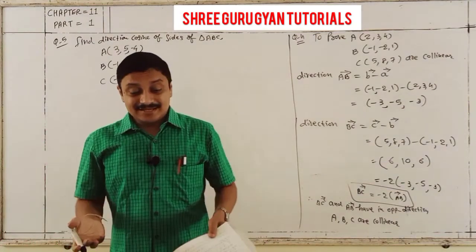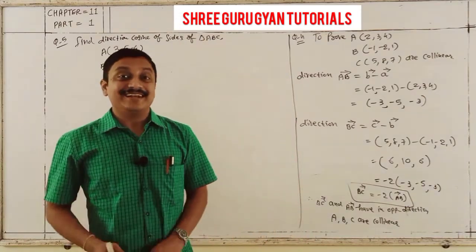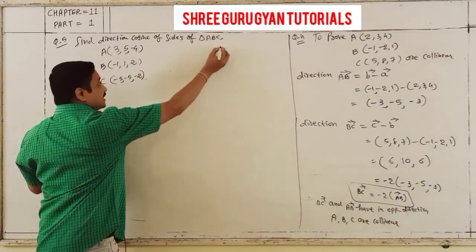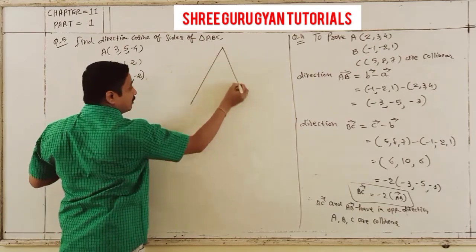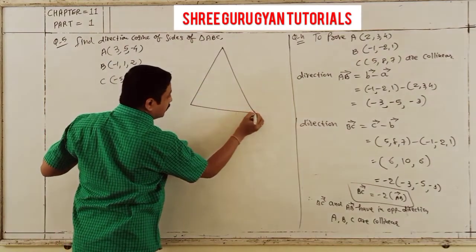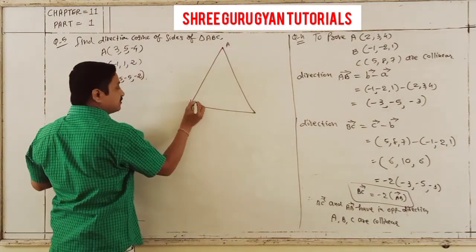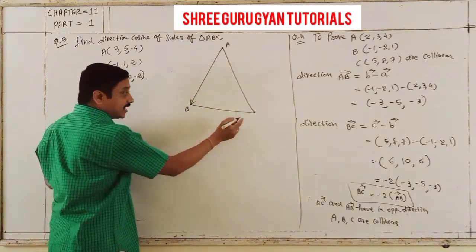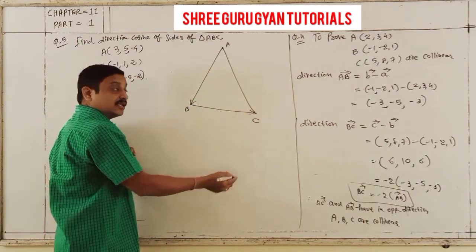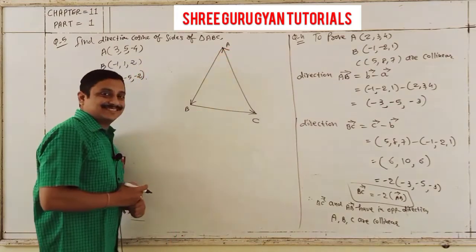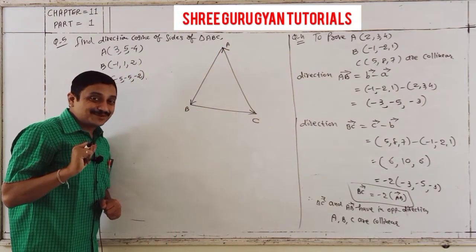So very easy. First of all you decide direction of its sides, and students, that's your triangle. Your triangle property known: A to B directions that way first, second B to C directions, and third C to A directions, and the sum of all directions is known, that is 0.